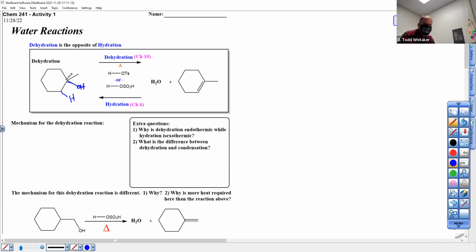You need only look at the pictures on the screen to tell me why this is less stable than this. That's not really anything to do with water, which is also a very stable molecule. It has to do with the nature of the bonding in this molecule compared to the nature of the bonding in this molecule. Compare the weakest bond in each one and determine that the weakest bond in this molecule is fundamentally weaker than the weakest bond in this molecule.